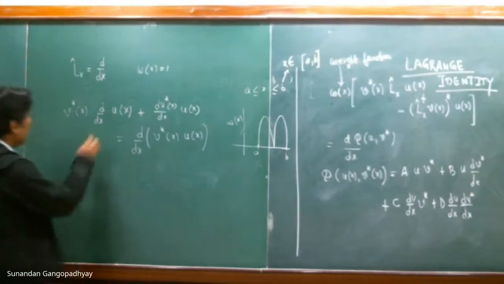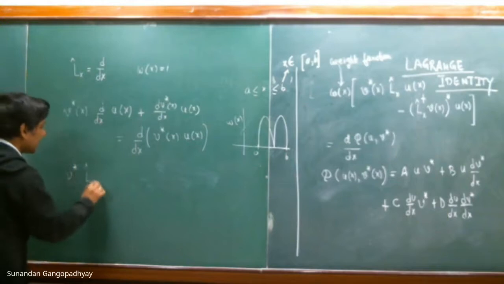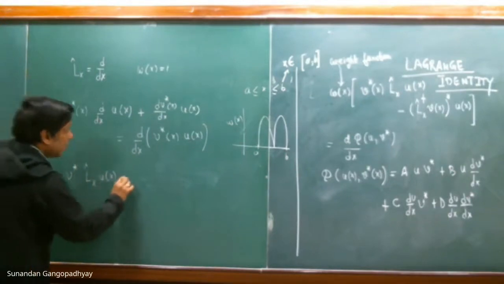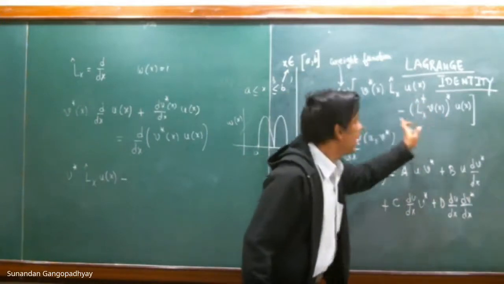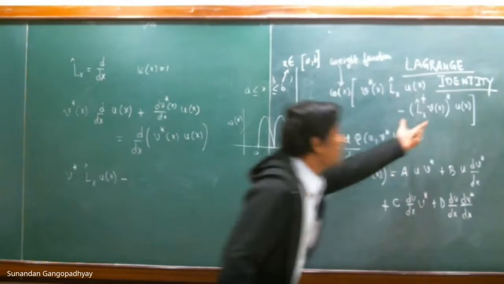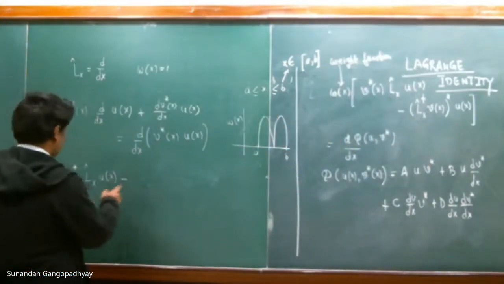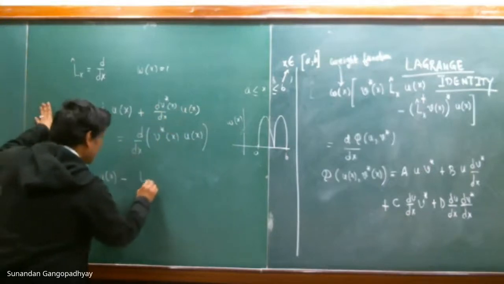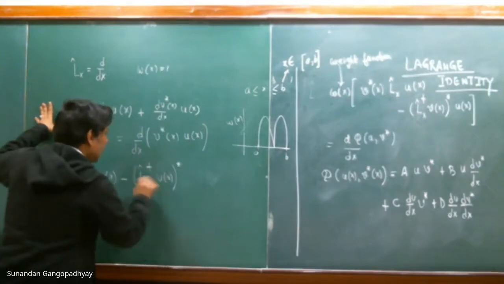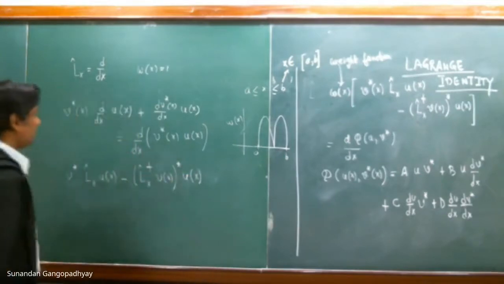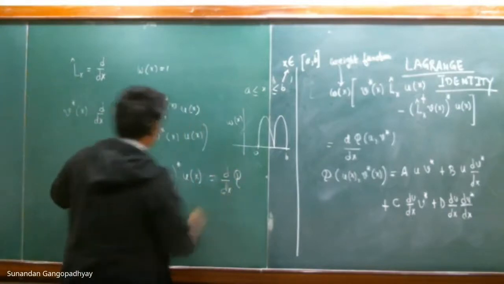Now this expression is exactly in this form, because d/dx is nothing but L(x) u(x), and I can put a minus sign because I want to evaluate the adjoint from this kind of relation. This is how the adjoint is defined basically. So this left hand side is basically L dagger v(x) whole star times u(x), and that is equal to d/dx of q.